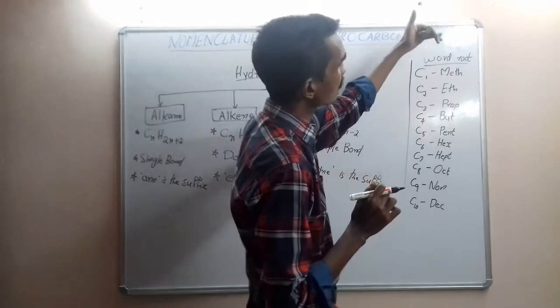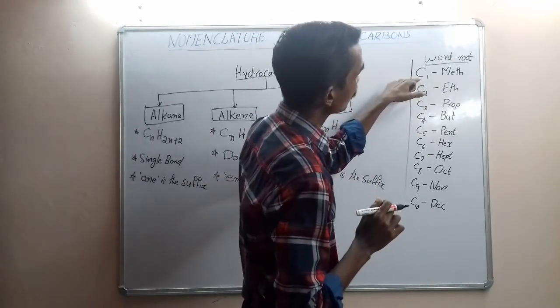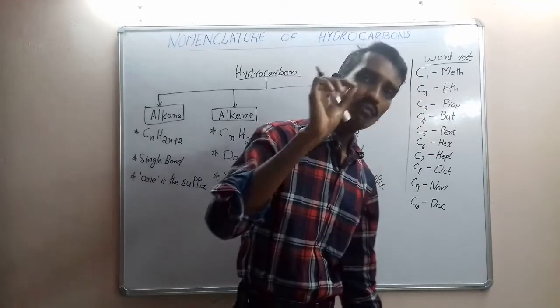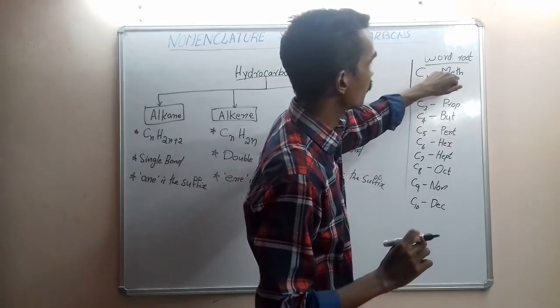Here are some word roots. C1, which means only one carbon atom is present in the compound, is called meth.